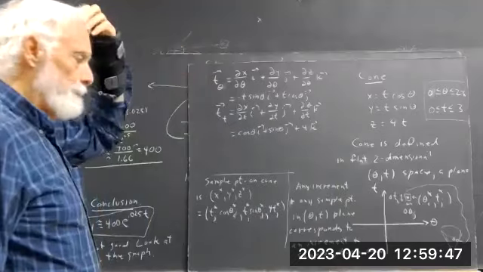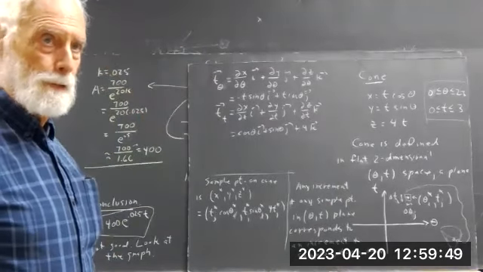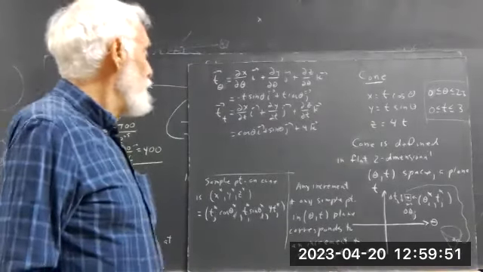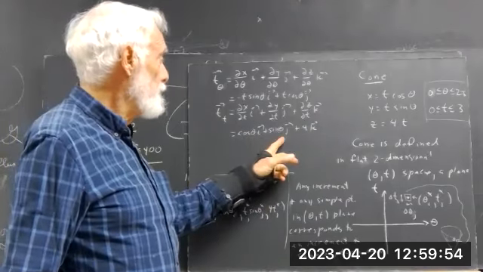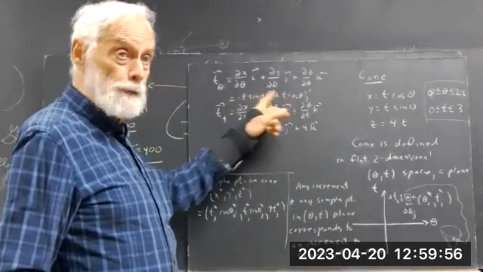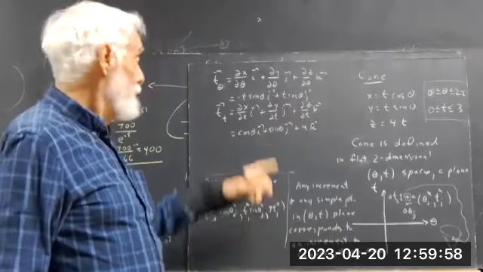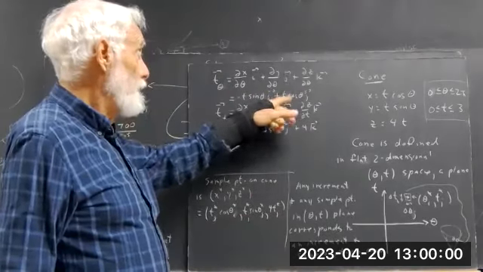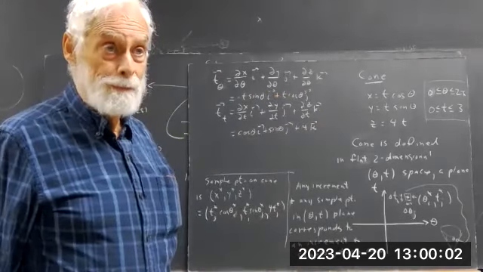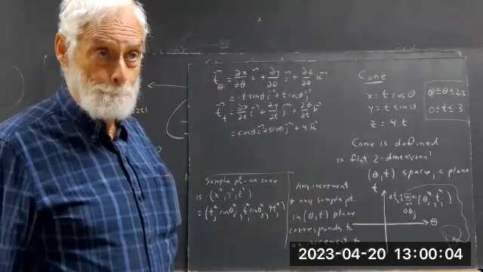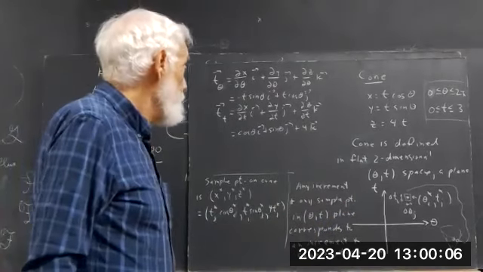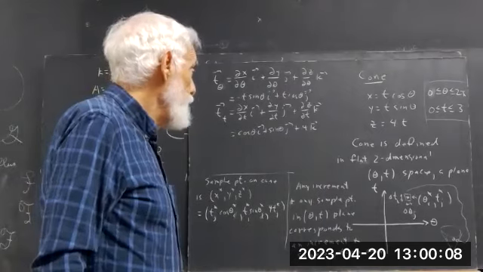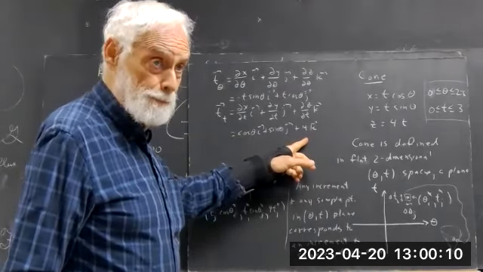Right? Now notice that the cosine theta I and the sine theta J are perpendicular to the T sine theta I and the T cosine theta J. And that you also have a K component.